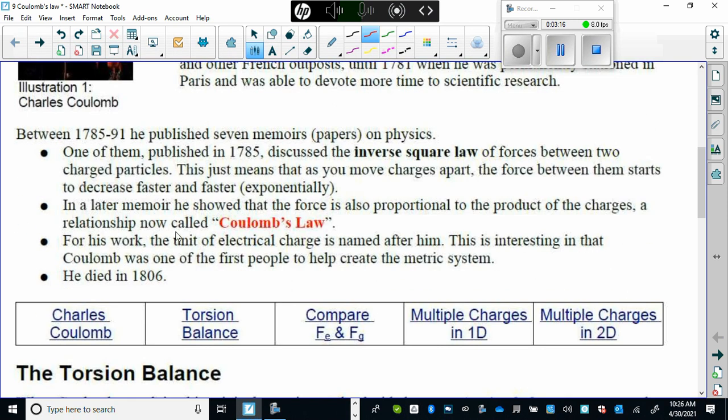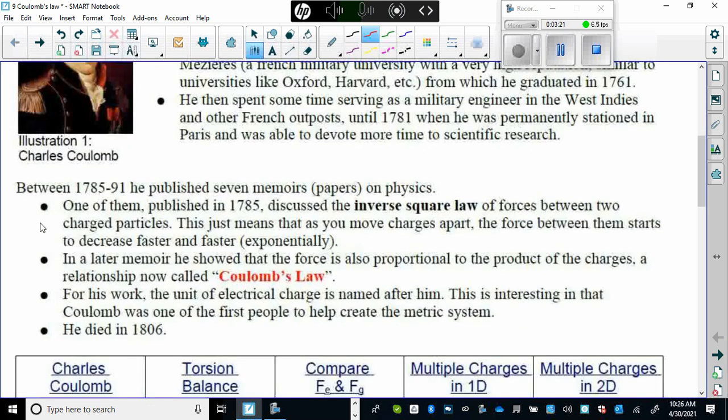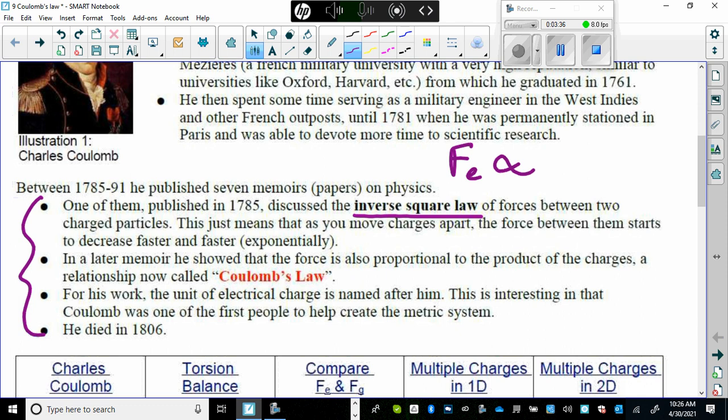Okay, we read over our notes here. This is the important stuff right here. It says that one of them, published in 1785, discussed the inverse square law of forces between two charged particles. The electrostatic force is inversely proportional to the square of the distance. This just means that if you move the charges apart, the force between them starts to decrease faster and faster exponentially.